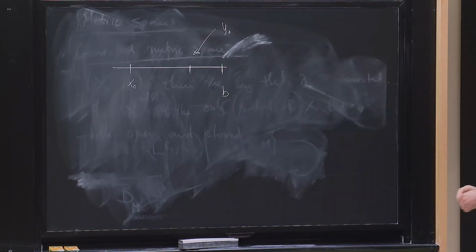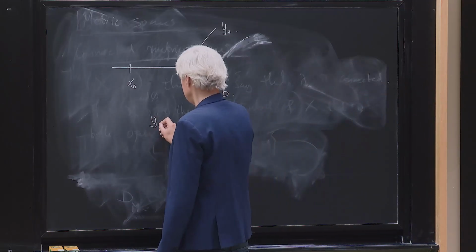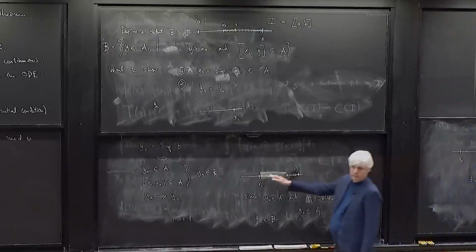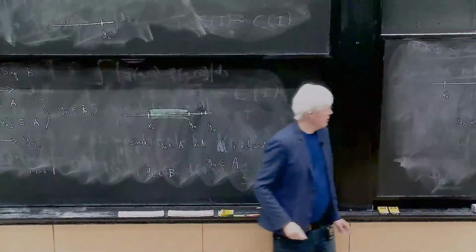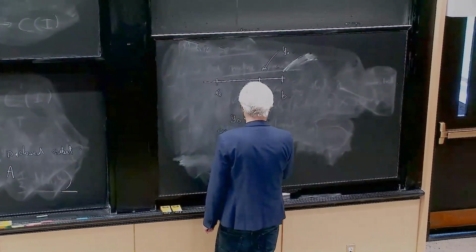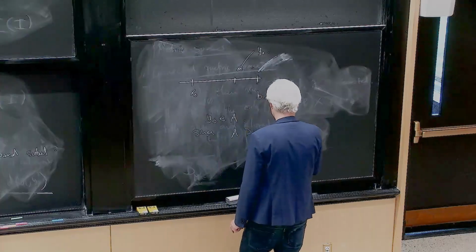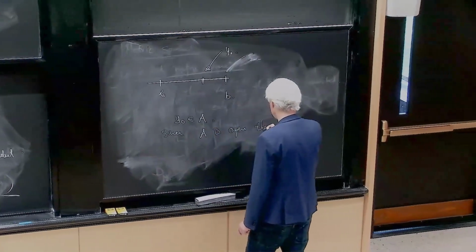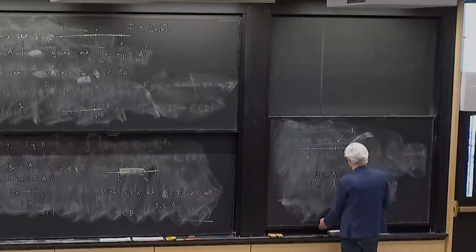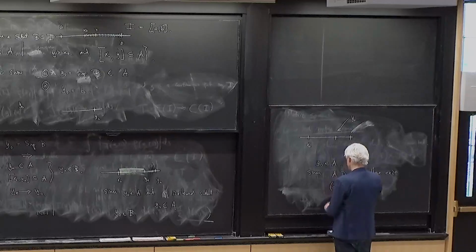Now we already know that y0 is in A. This is what we proved here. But since A is open, there exists some tiny little interval around this y0.